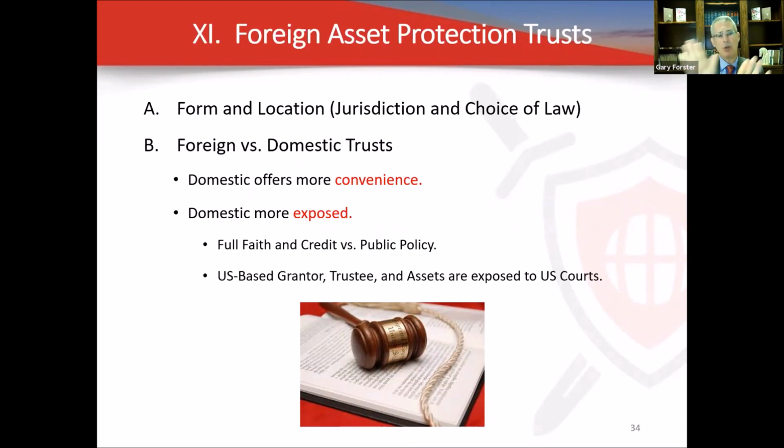Oftentimes clients will have both. They'll use the domestic for less exotic issues and then have a bomb shelter offshore asset protection trust. For instance, we have a number of M&A transactions going on. The numbers have gotten crazy. So the client is going to get the 100 million, and there's an indemnity obligation.